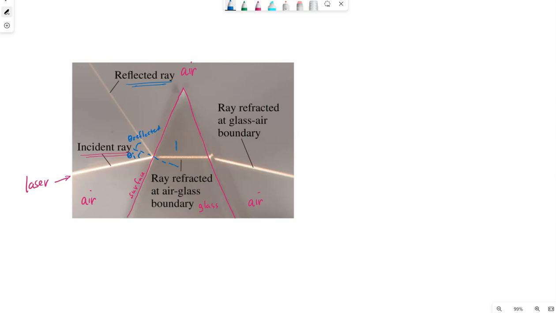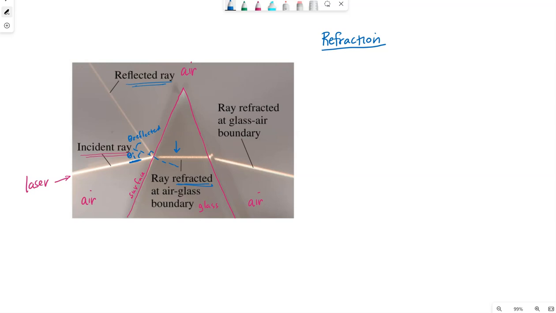But notice, some of the light is not reflected. As it says right here, this is light that is refracted. So we're going to be talking about refraction. Notice this incident angle I drew. Again, we measure these angles relative to the normal line. So the dotted line I drew represents the normal line.